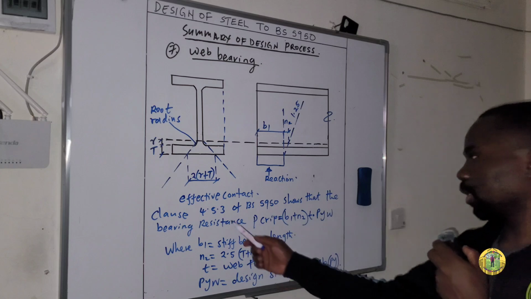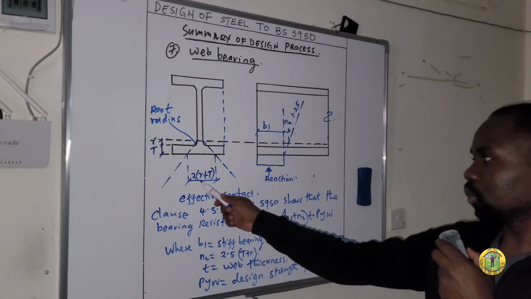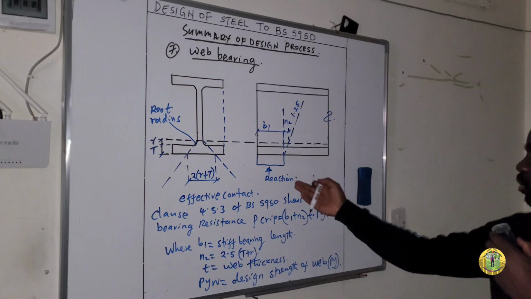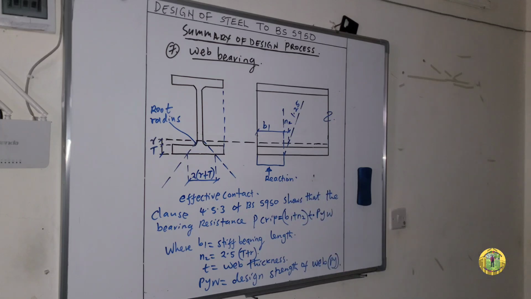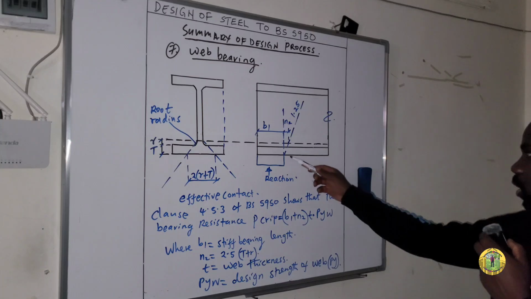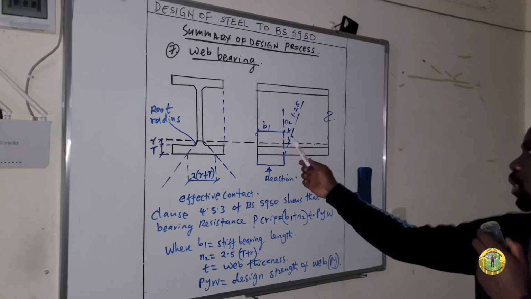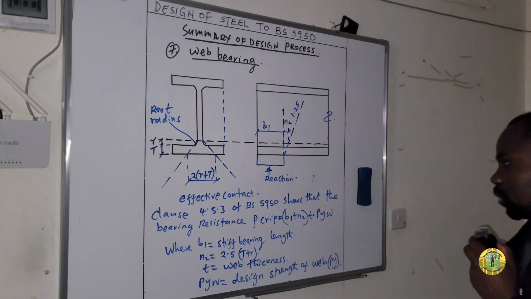So the effective contact is given by 2 times (r plus t). Then this is the reaction from the bearing, and it distributes the load at 45 degrees. So the distance from here to here is B1, and from here to here is N2.